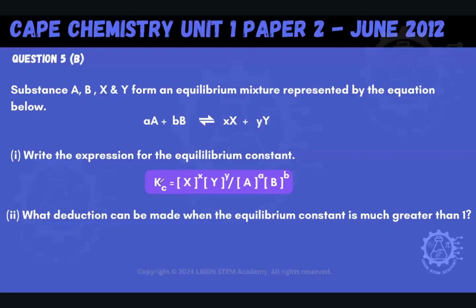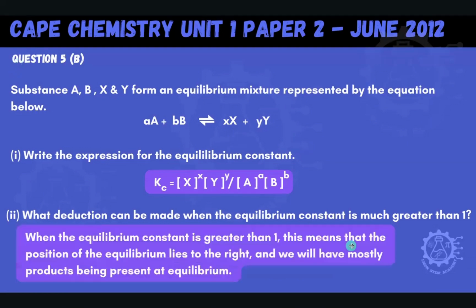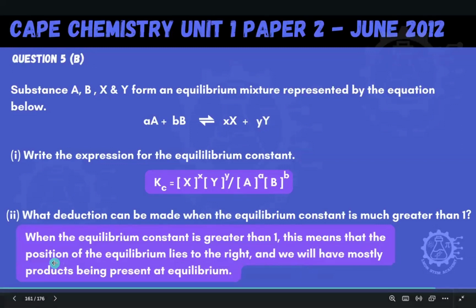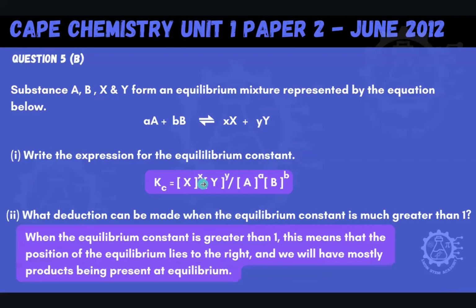We're considering being greater than 1 a reasonably large number. And so what's happening is that the top is favored. So we have mostly products at that equilibrium. And so when the equilibrium constant is greater than 1, this means that the position of the equilibrium lies to the right, and we will mostly have products present at equilibrium. So we have mostly species in the top. That makes Kc greater than 1. Okay.